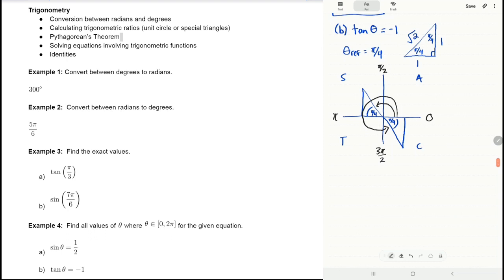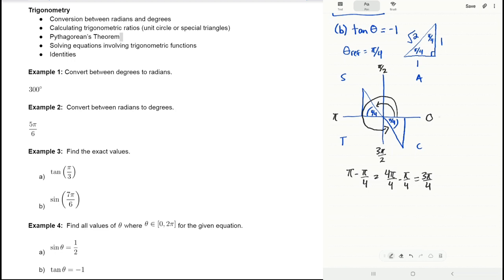So the angle in quadrant 2 is going to be pi over 4 less than pi. So pi minus pi over 4 gives us 4 pi over 4 minus pi over 4, which is 3 pi over 4. So that is one of our angles.